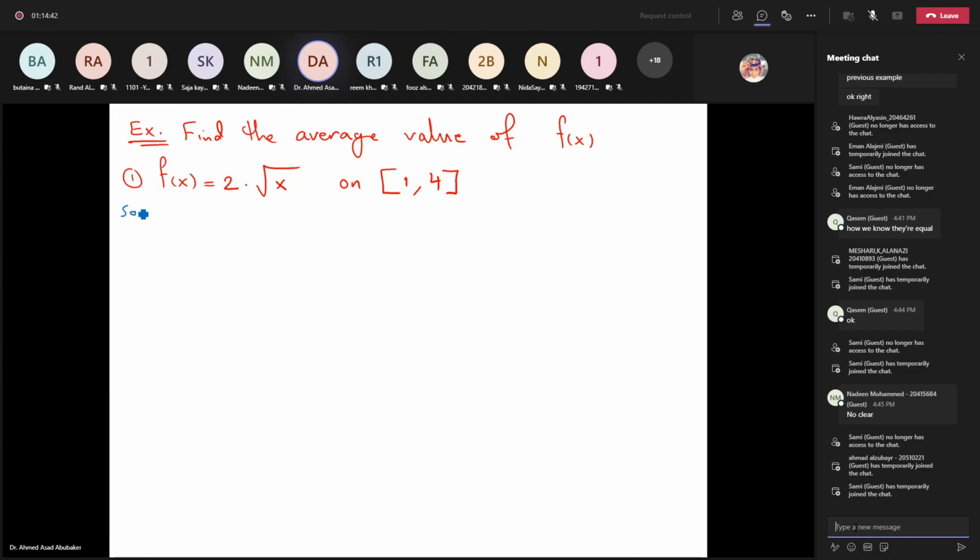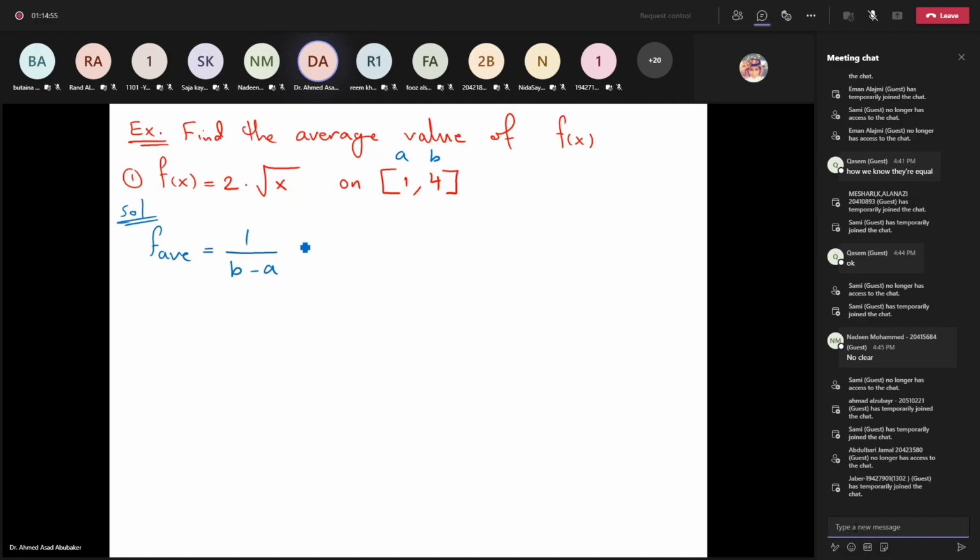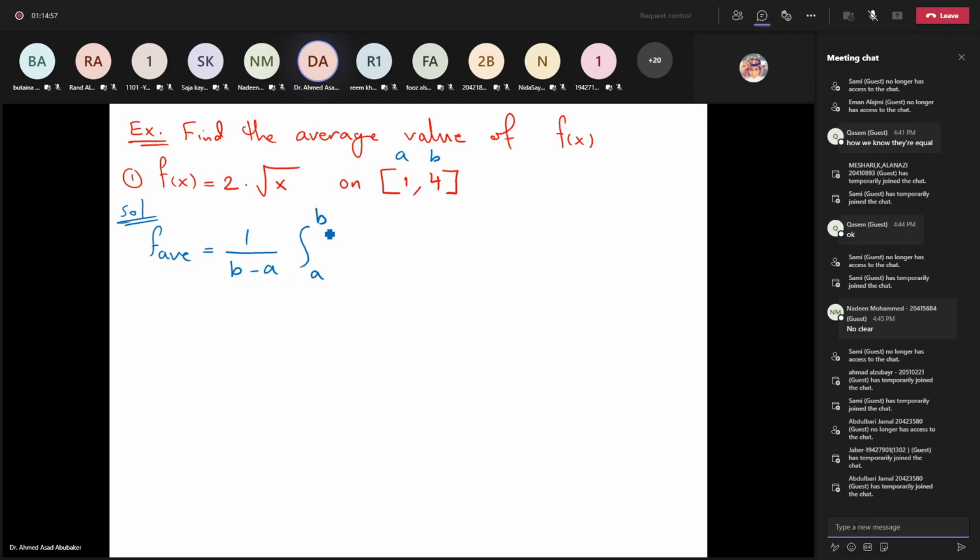The solution: f average equals 1 over b minus a, where this is a and this is b, times the integral from a to b of f of x dx, without absolute value. The average may be negative, may be positive, may be 0, no problem.